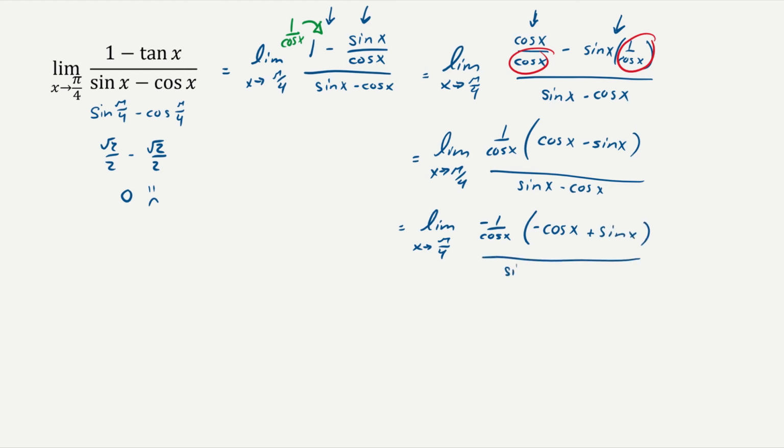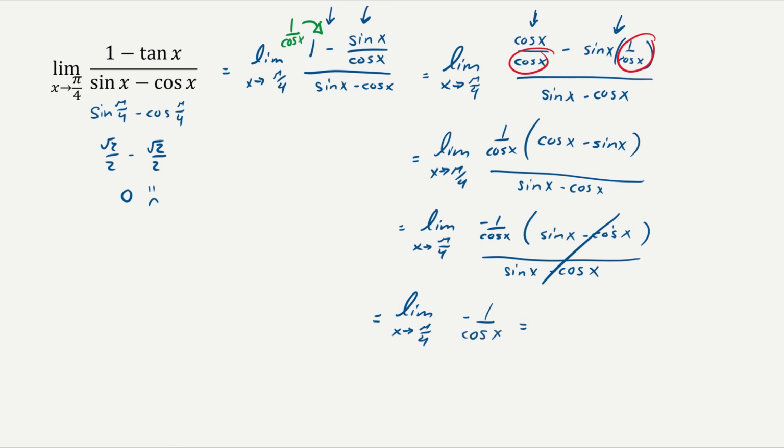And on the bottom, sine x minus cosine x. And you can see, if I erase this and I just flip the order, I now have the same thing as the bottom. Hey, all right. Cross them out, cancel them out, and I get the limit as x approaches pi over 4 of negative 1 over cosine x.